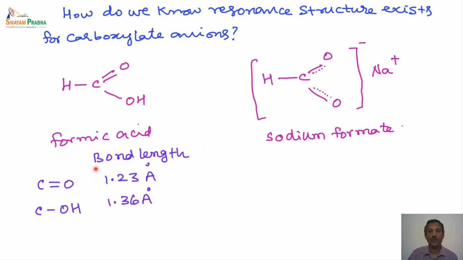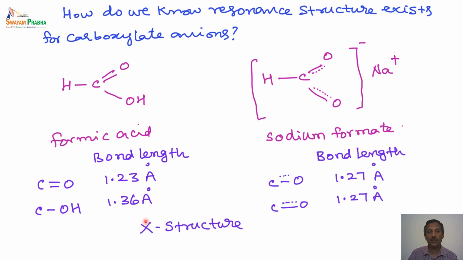When we do the X-ray crystal structure studies, it has been shown that the carbon-oxygen double bond length is 1.23 angstrom, and the C-OH bond length is 1.36 angstrom. So in other words, we already know that double bonds are shorter than single bonds. So this bond length is shorter compared to the longer C-OH bond.